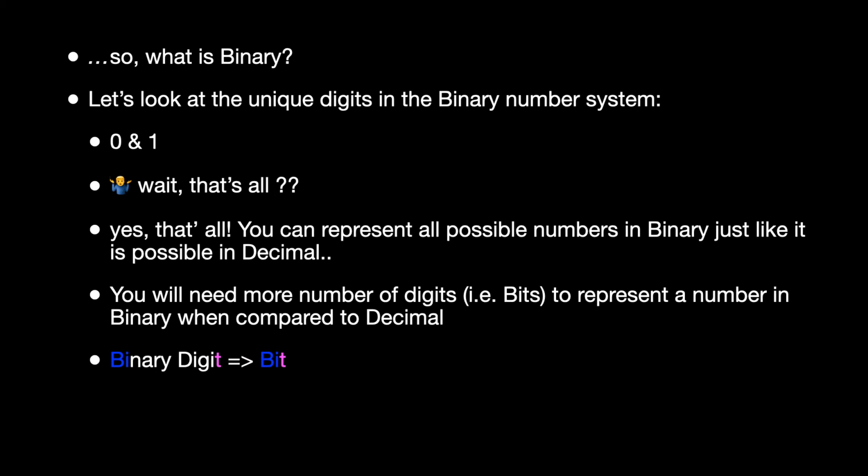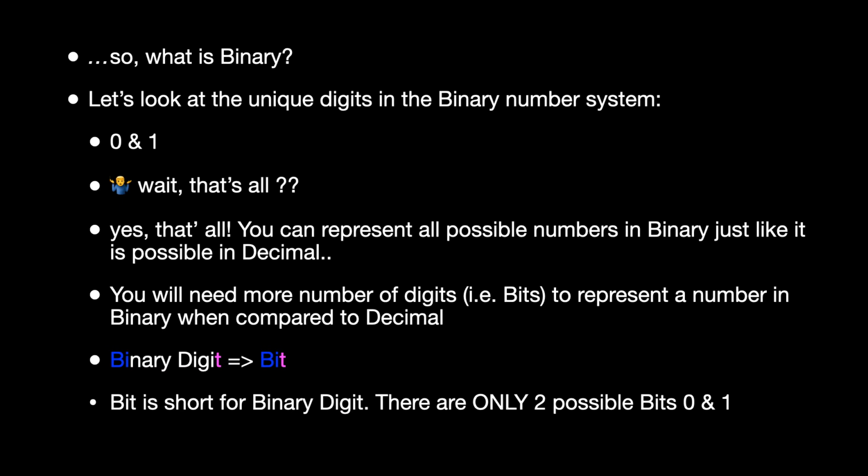Just like in the decimal number system, we call the individual numbers as digits. In the binary number system, we call the individual numbers as bits. Bit is the short form for binary digit. There are only two possible bits. They are 0 and 1.